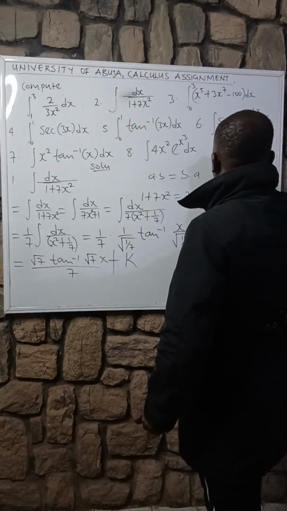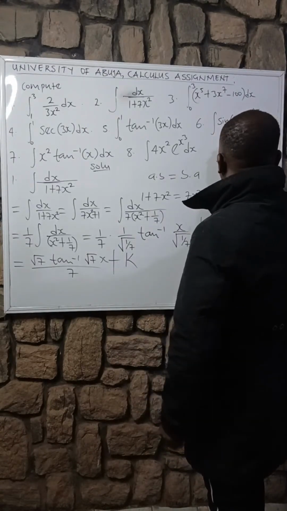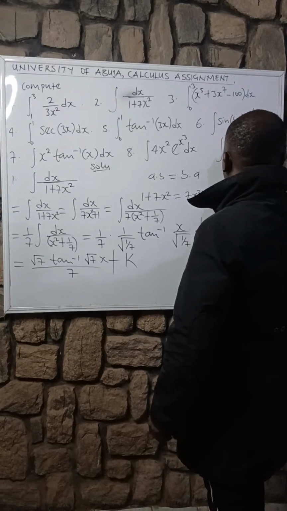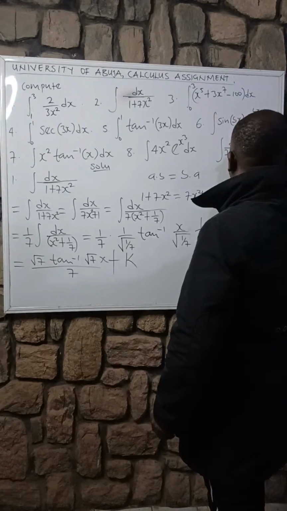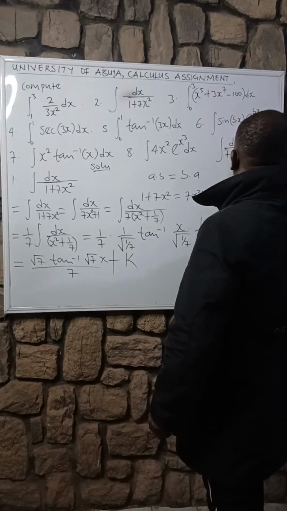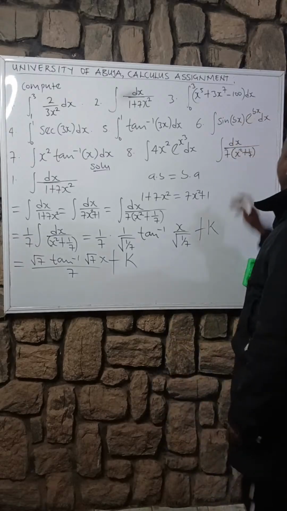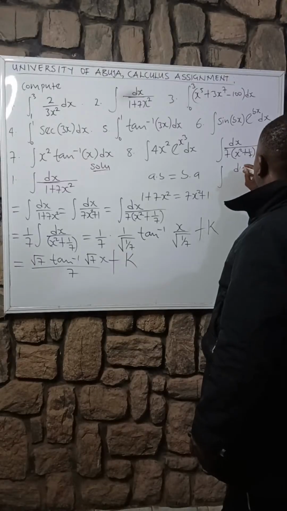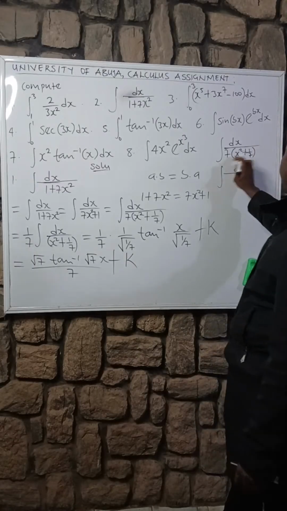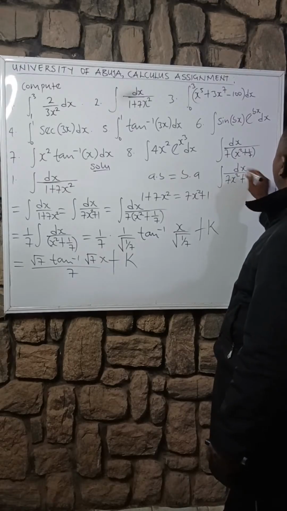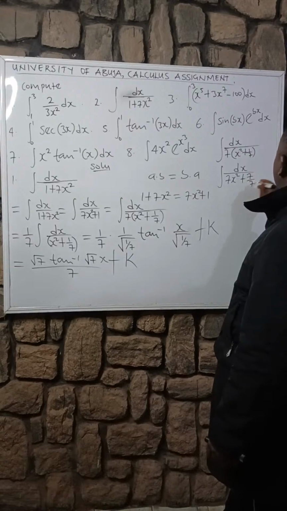If you have integral dx all over 7 open bracket x squared plus 1 all over 7, if you use this to multiply, the integral will now be 7 times x squared is 7x squared, plus 7 times 1 is 7, all over 7.